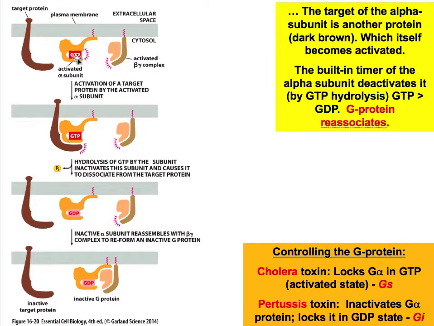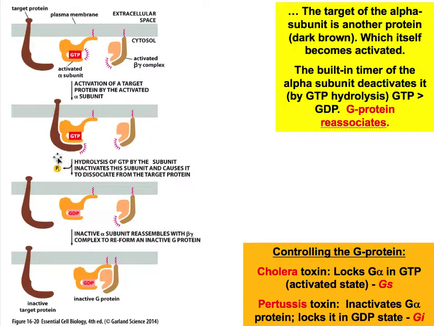And for the first time, it's able to bind to another protein that we didn't talk about on the previous slide. And that's the target protein of the alpha subunit. And the two will associate, and that will activate the target protein, and the target protein will then do something else. And that can vary from cell type to cell type.